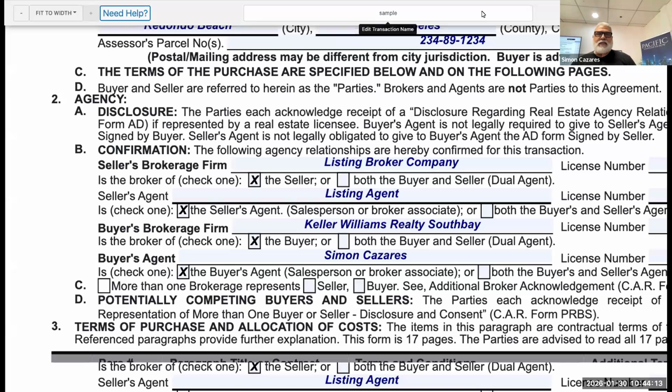For the sake of today, the confirmation, the seller's brokerage, that means the listing agent's information. Okay. So therefore, you're going to put the listing company or listing broker, right? If it's ABC Realty, you're going to put ABC Realty. You find all of that information through the multiple listing service.